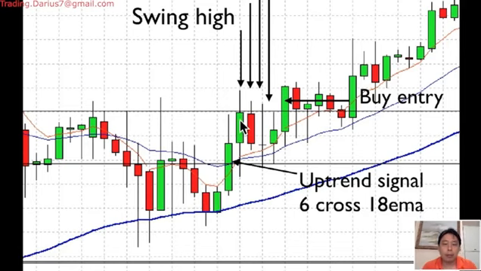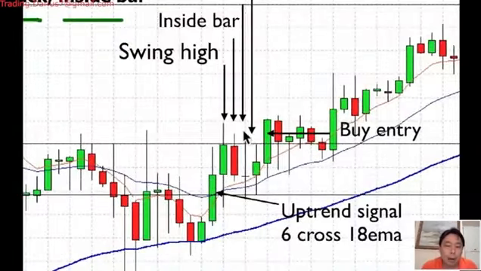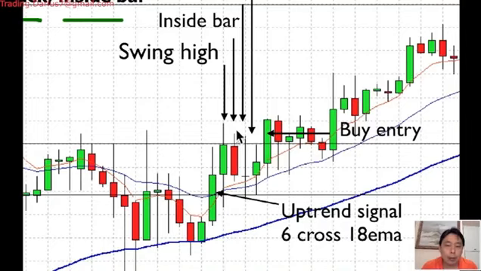So the next candle makes a lower high and a higher low. So it's an inside bar, right? So that's cool. So the moment you get an inside bar or pullback, we can get ready to buy. So we're going to place our buy order right above the high of the candle. So the next candle, what happens?